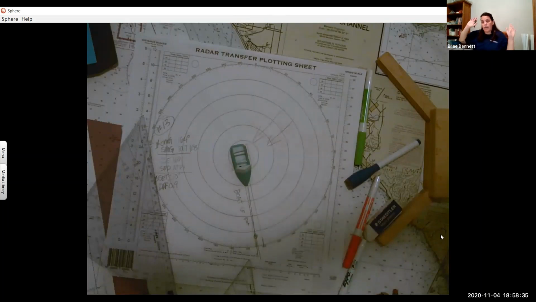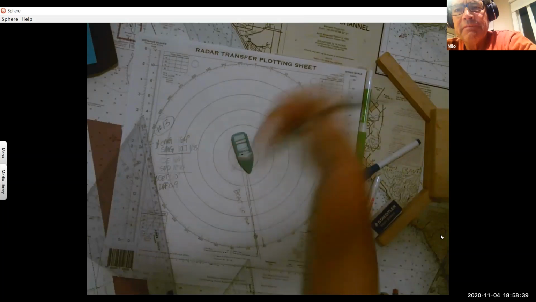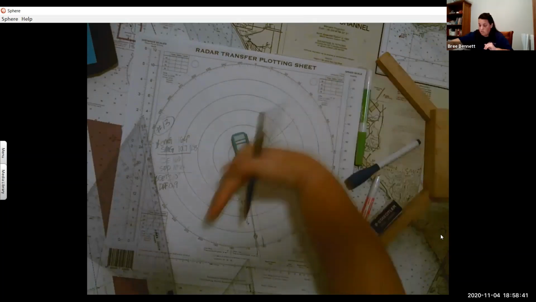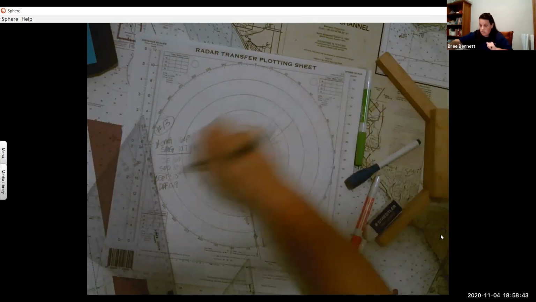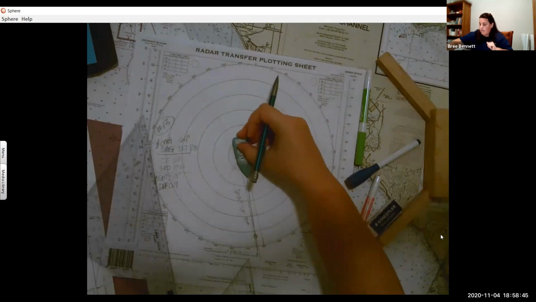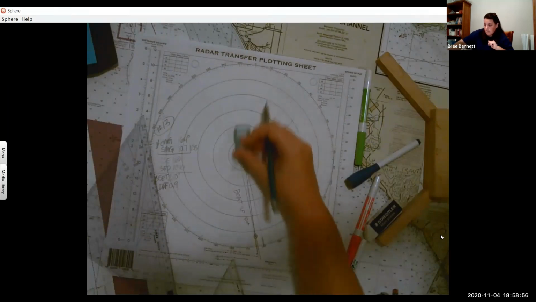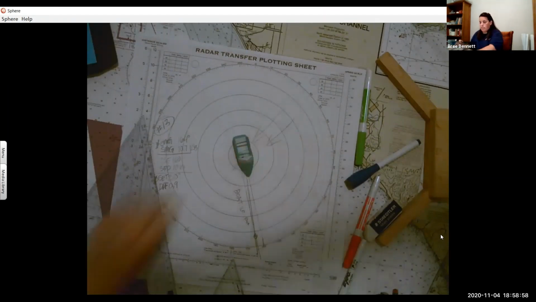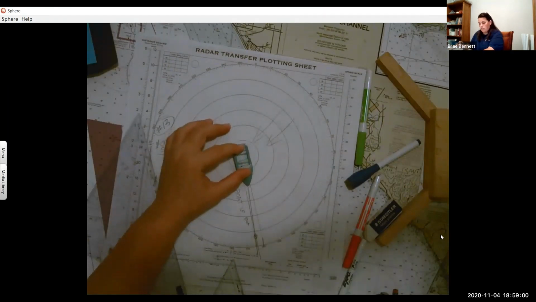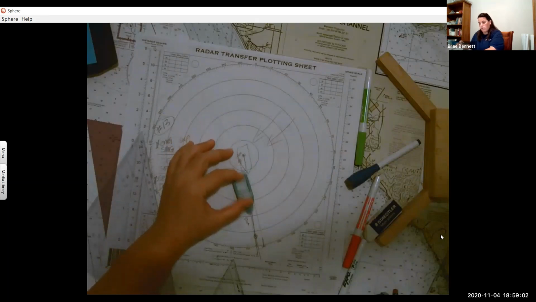I'm just letting whatever happens, happens. Right. So the current is pushing me towards 210. So if I'm at 260, my made good is going to be on this side of 260. So it's 264, as my boat travels.